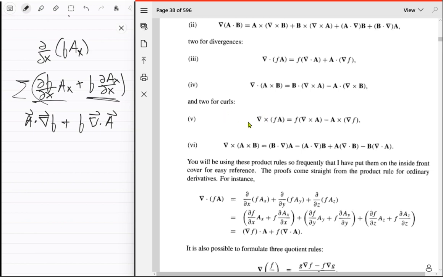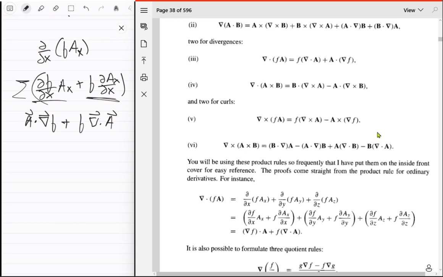Okay, then you got the fifth one, which is just del cross fA. That's this thing, the same stuff as this one, right? Exactly. Oh, it's slightly different actually. So you got A cross del f. Very interesting. You can do the same stuff.